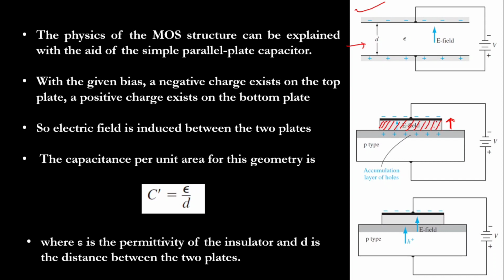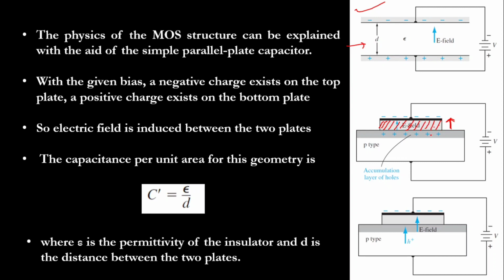Since the oxide layer is an insulator, electron-hole pair recombination is never going to happen, but the electric field pierces into this p-type material, which pulls positive charge towards the junction of oxide and semiconductor.